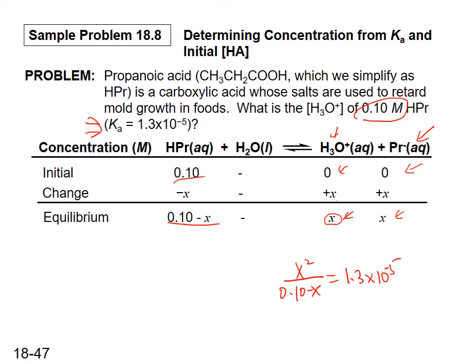So we write the equation for Ka, product divided by reactants. X is unknown, so we can solve it.